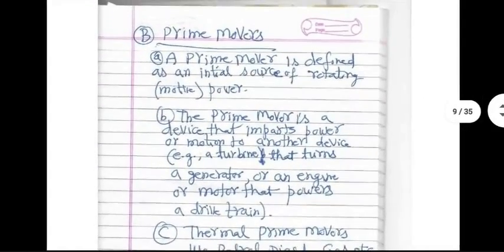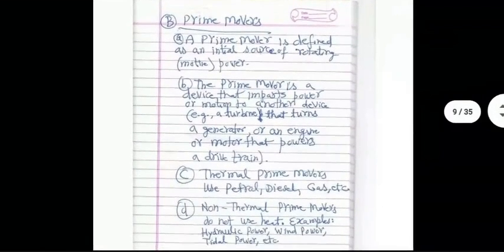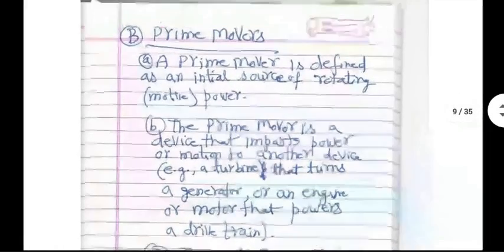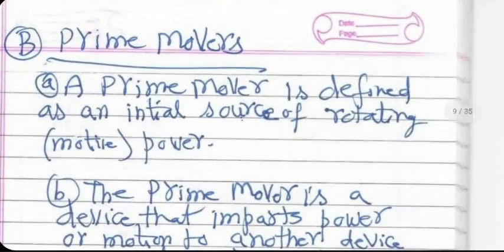Now, what is a prime mover? Prime mover is a more general term compared to turbines. A prime mover is defined as an initial source of rotating power. It could be a DC motor also, by the way. So prime mover does not have to be always a natural source.